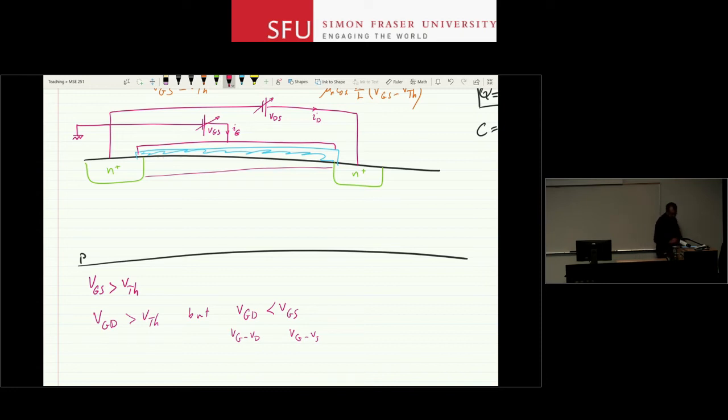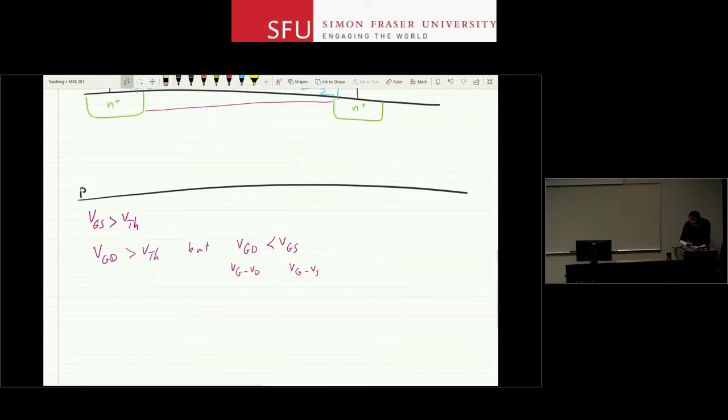So in a situation like this, if you increase VDS beyond a few, maybe tens of millivolts or hundreds of millivolts, your relationship for drain current becomes like this. So ID is going to be 1/2.